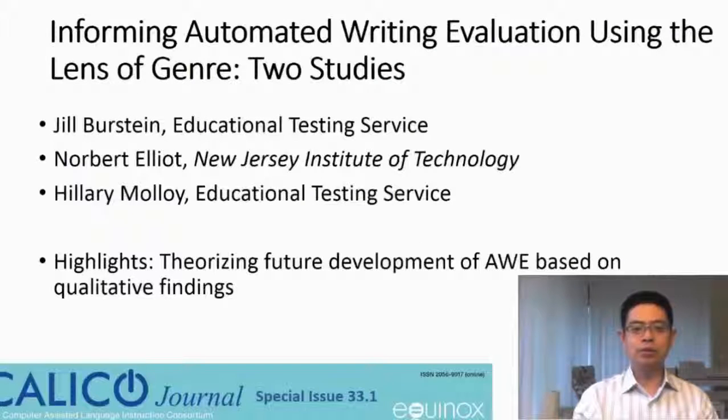This special issue concludes with a paper written by Jill Burstein of ETS, Norbert Elliot of New Jersey Institute of Technology, and Hillary Molloy of ETS. And the title is Informing Automated Writing Evaluation Using the Lens of Genre: Two Studies.